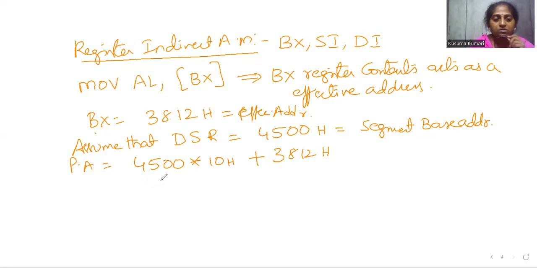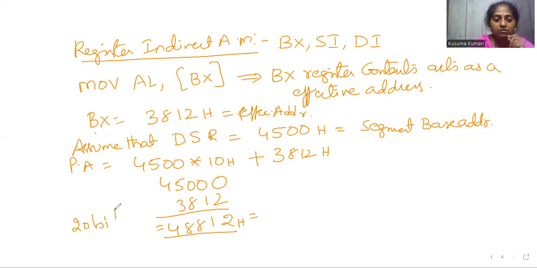So 4500 times 10 becomes 45000, plus 3812, which gives 48812. It is a 5-digit number, which means it is a 20-bit physical address.